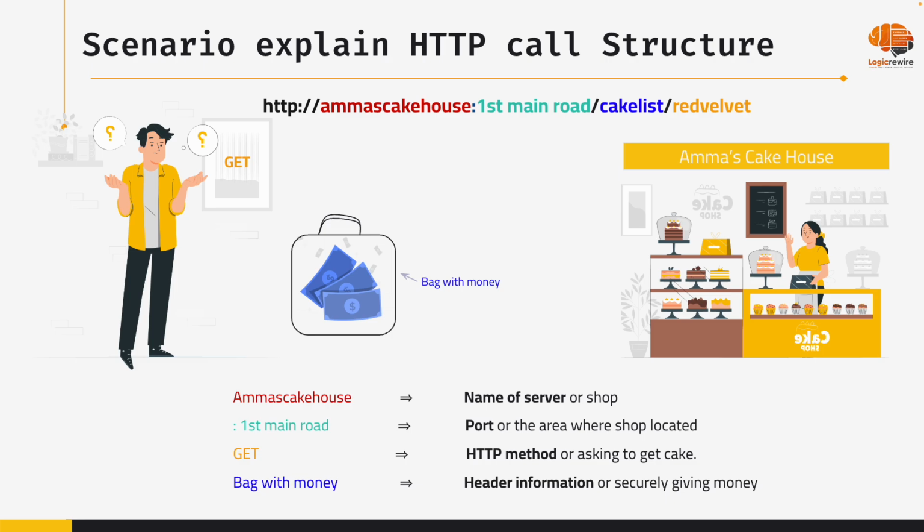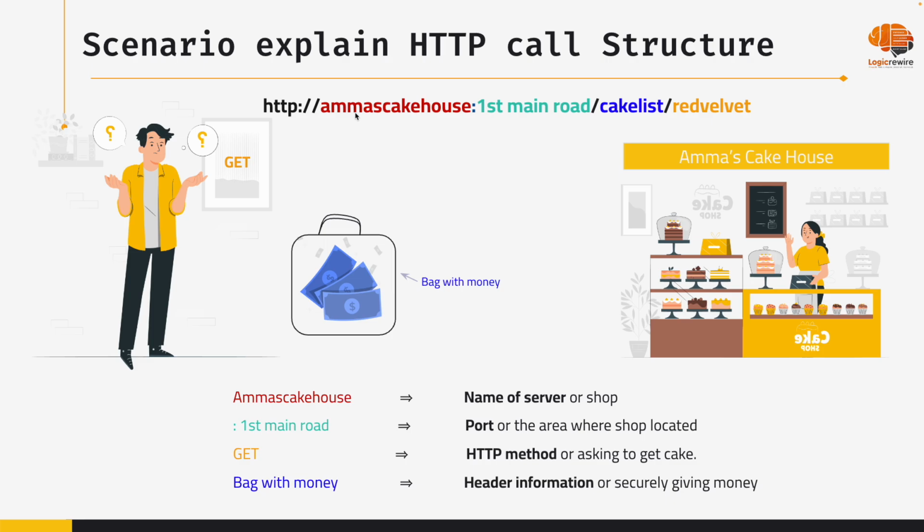So let's suppose one guy came to a cake shop, like Amma's Cake House, right? One lady is there. He came to buy a cake from the shop. Let's suppose he's doing it through online business, so on an online website he's trying to order.